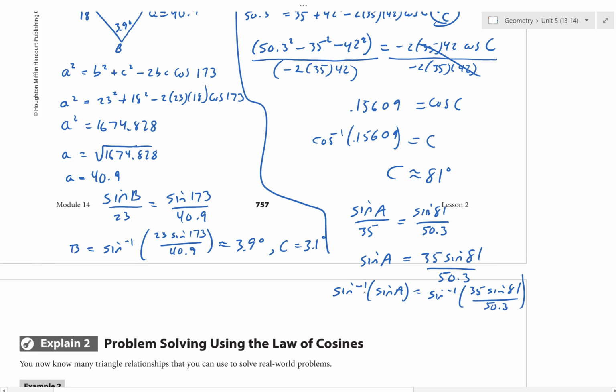Those cancel, so A equals inverse sine of 35 sine 81 divided by 50.3, and that is 43.4 degrees.